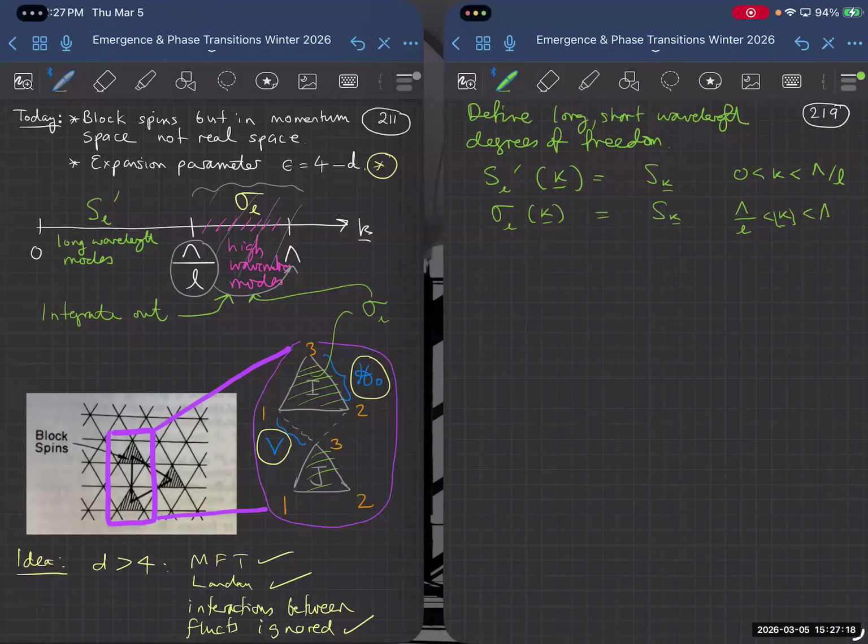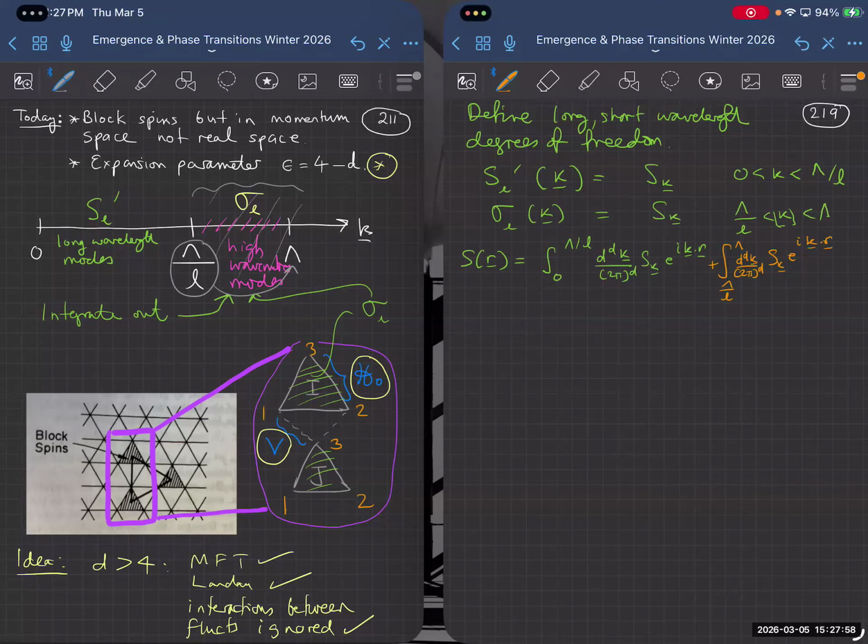So we can write, therefore, that S of r is the integral from 0 to lambda over L, dk over 2 pi to the d, S of k e to the i k dot r, plus the integral from lambda over L to lambda, dk over 2 pi to the d, S of k e to the i k dot r.